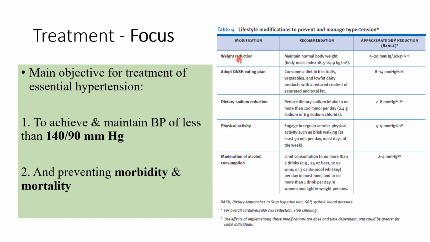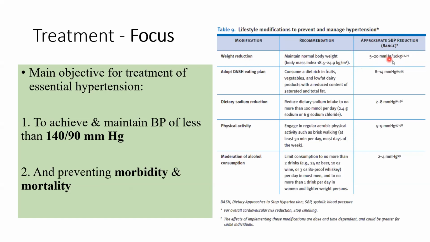Number one is weight reduction, and there are details of this. You can study this. What is interesting is they have given a statistic of how much decrease in your systolic blood pressure you can achieve per unit body weight by this measure only.